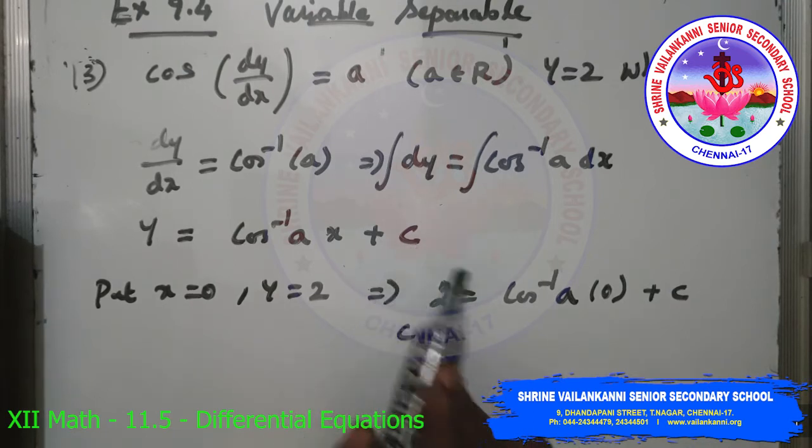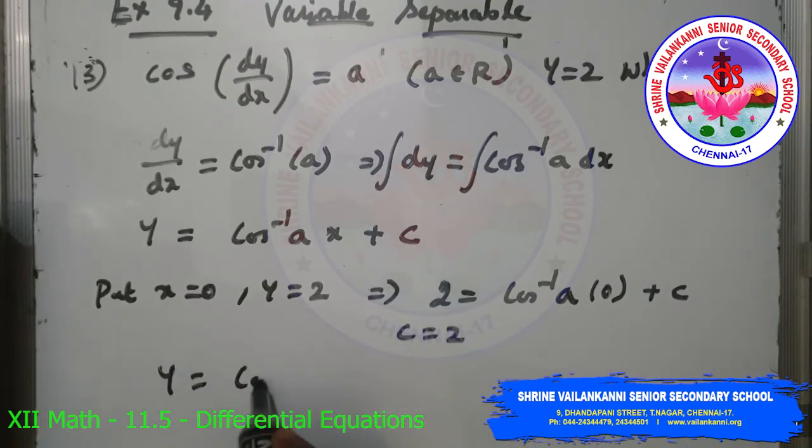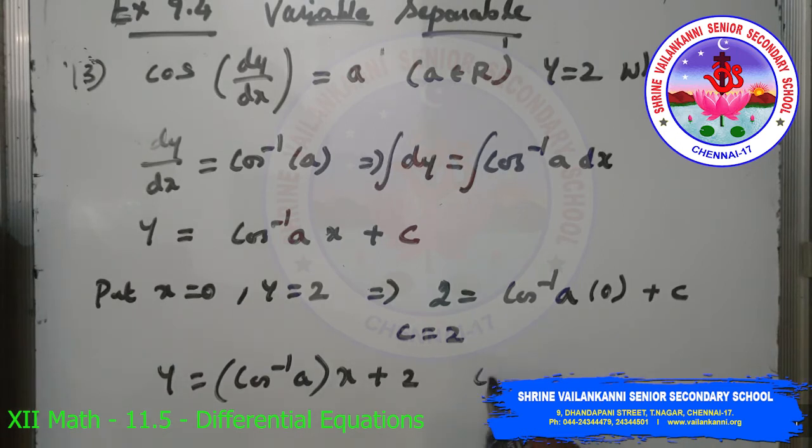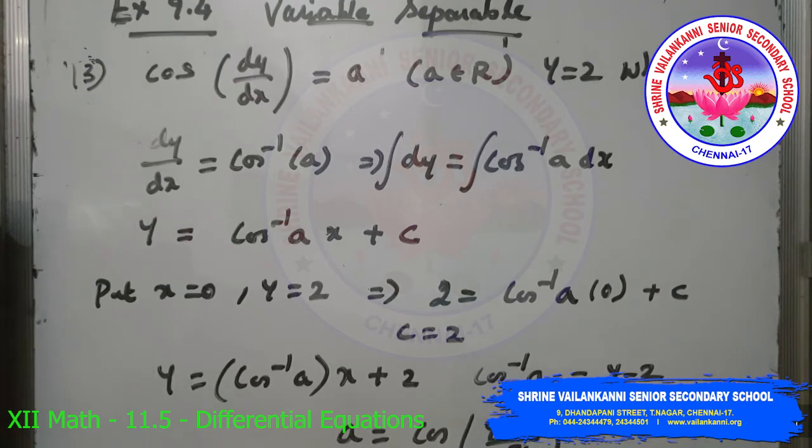Substituting in this equation, we get y equal to cos inverse of a into x plus 2, which is the required solution. Or we can write this as cos inverse of a, which is equal to y minus 2 by x, a equal to cos of y minus 2 by x.